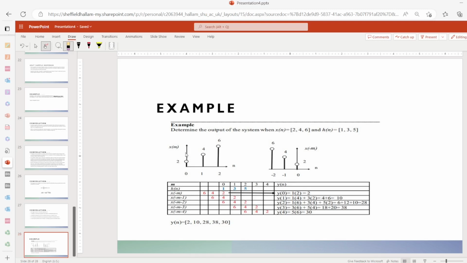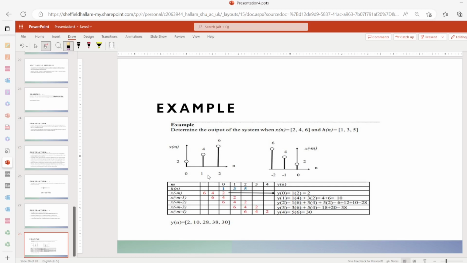What we'll do first is reverse, or fold, xn around 0, or around m. By reversing that, we'll find this kind of shape.